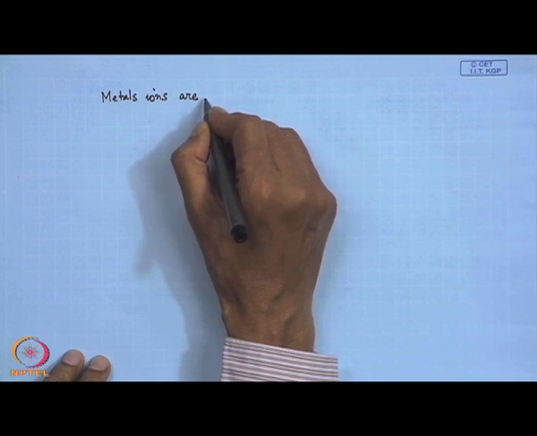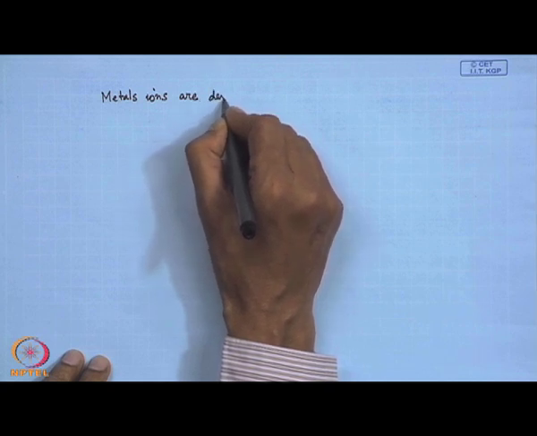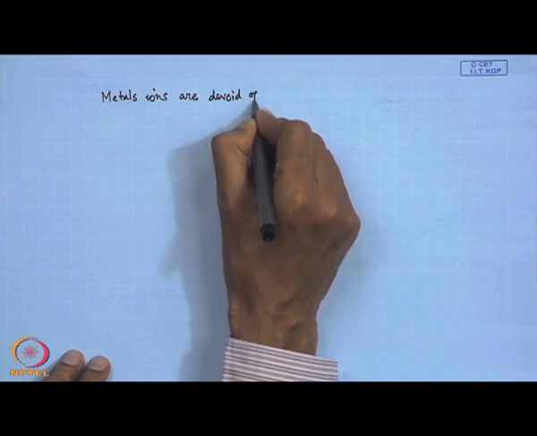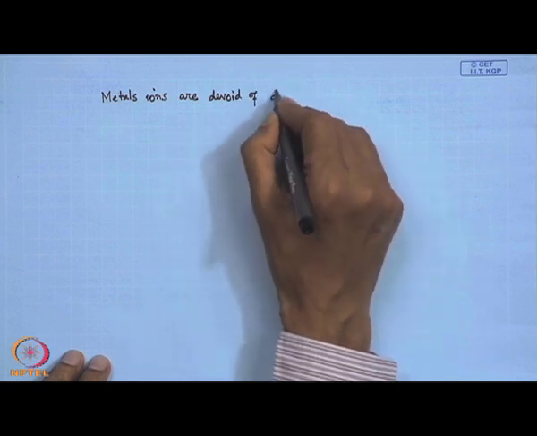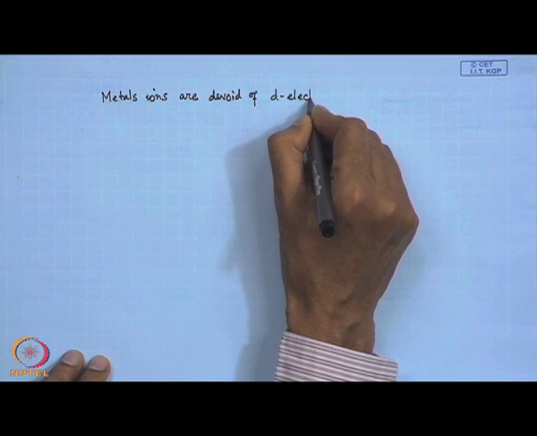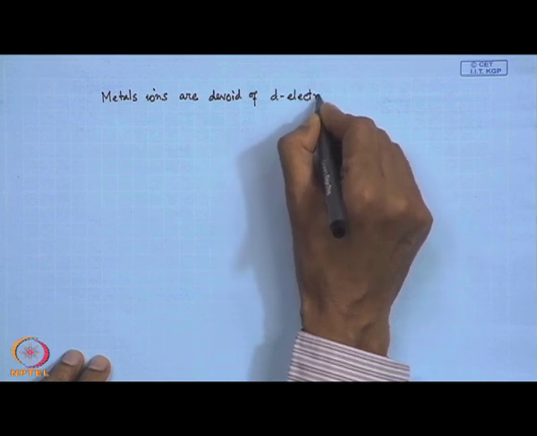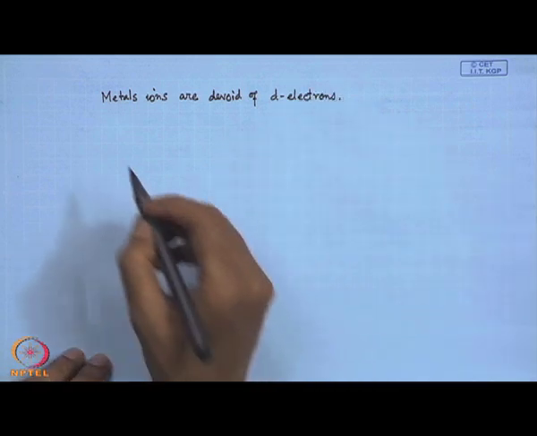So, these metal ions are devoid of d electrons.